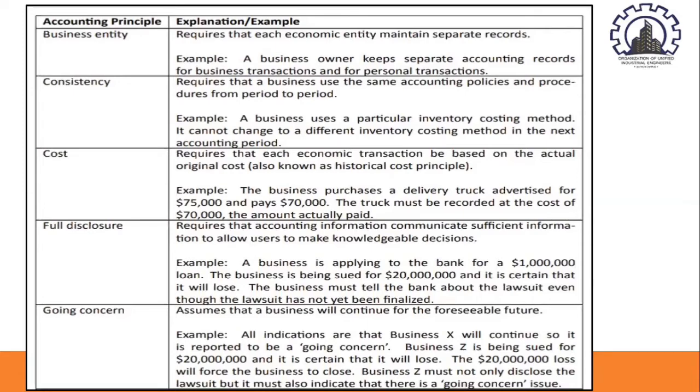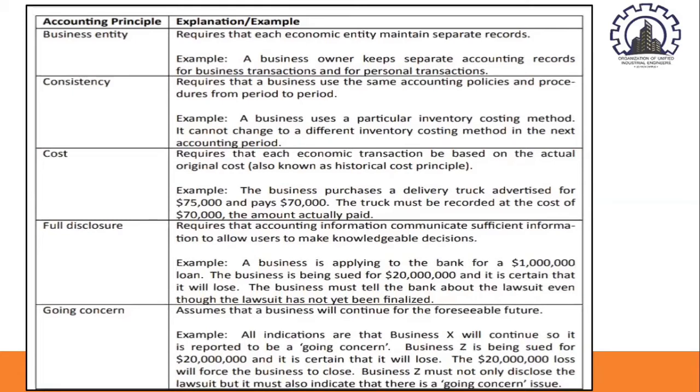So if the inventory costing method you used last year is the perpetual inventory costing method, that should be the inventory costing method that you will be using the following year. Okay, there should be consistency.